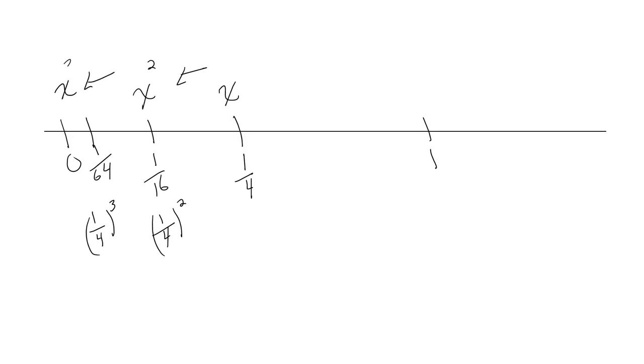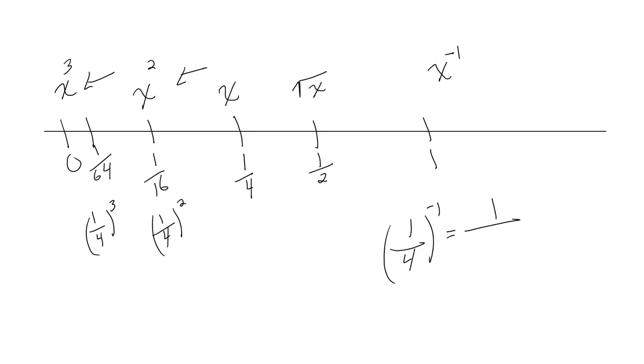So here's x cubed. How about the square root of x? The square root of x, when x is a positive fraction, is actually bigger than x itself. The square root of 1/4 is 1/2. And then how about x to the -1? How about 1/4 raised to the power of -1? Well, you see that negative sign, I'm going to write 1 over, then ignore the negative, 1 over 1/4.